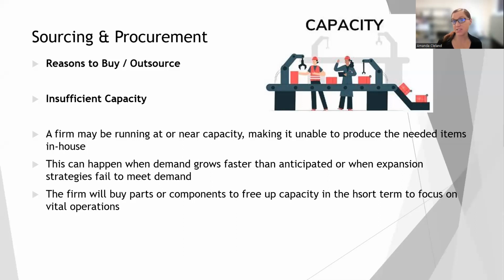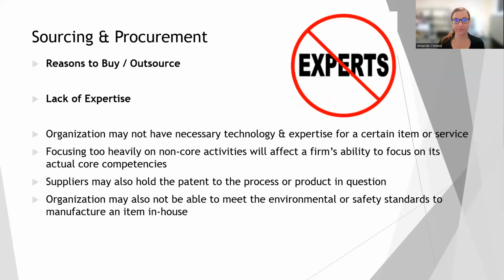A lot of times this does happen, especially if a company is up and coming. So the business is going to end up buying parts and components to free up their internal capacity in the short term and to focus on their vital operations. So we just may not have the capacity to do so.